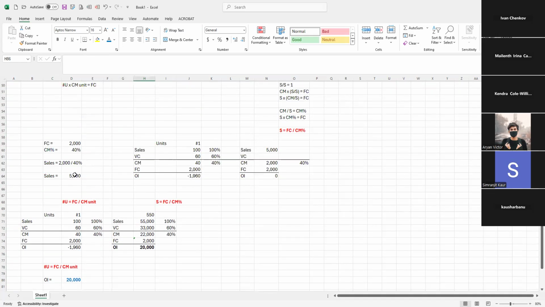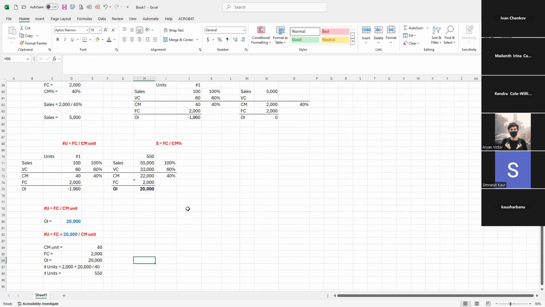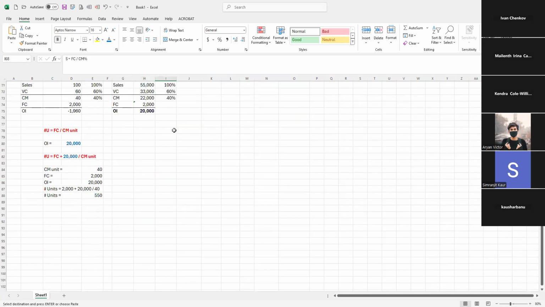Now, how about the sales? If we're using the formula for the sales, well, the same idea. You're just adding the operating income into the fixed cost. Let's see if that's going to work. Now, let's pretend that we want, let's say, 50,000 now.